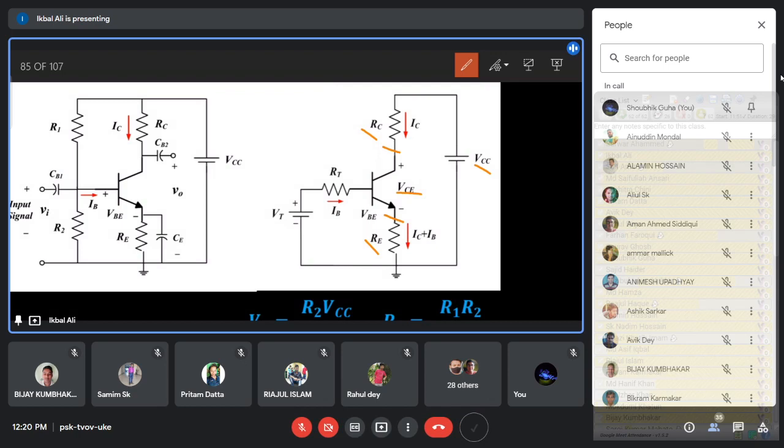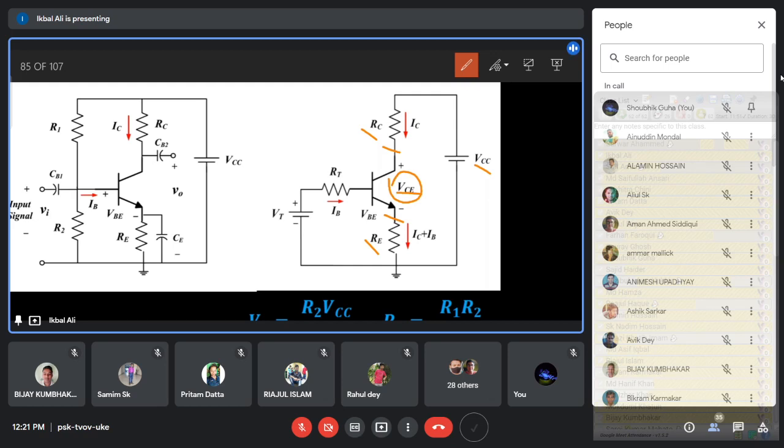A voltage drop appears across the transistor between collector and emitter, set by these resistances and the VCC battery supply. That voltage is VCE, the collector voltage with respect to the emitter. Again, you see that V is capital and CE is also capital, so it is entirely a DC voltage.